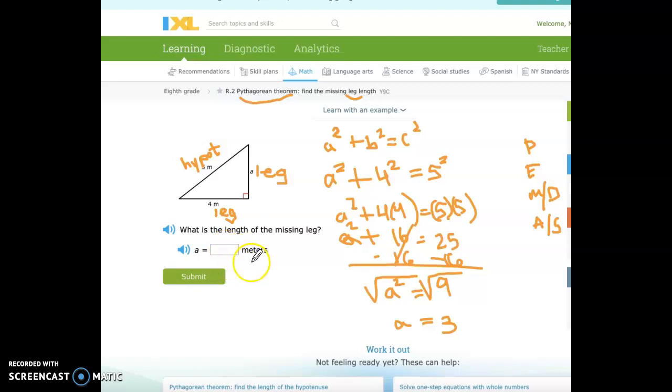I did want to point something out. In the previous video, I was looking for a 3, 4, 5 triangle. This happens to be a 3, 4, 5 triangle. Before I submit my answer, I am just going to switch colors here for a second.